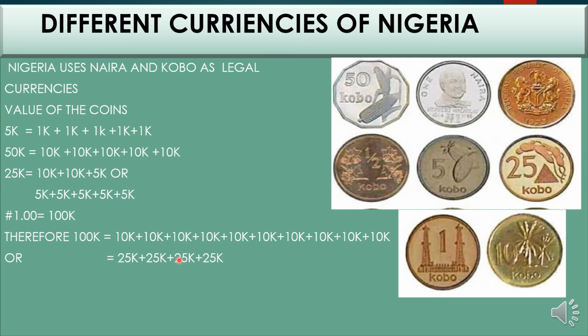Now 75 plus 25 will give us what? 100 kobo, which is 1 naira. That means if you bring 4 of these 25 kobos, I will give you 1 naira. Okay, you have to bring 4 of these, then I'll give you what? 1 naira.